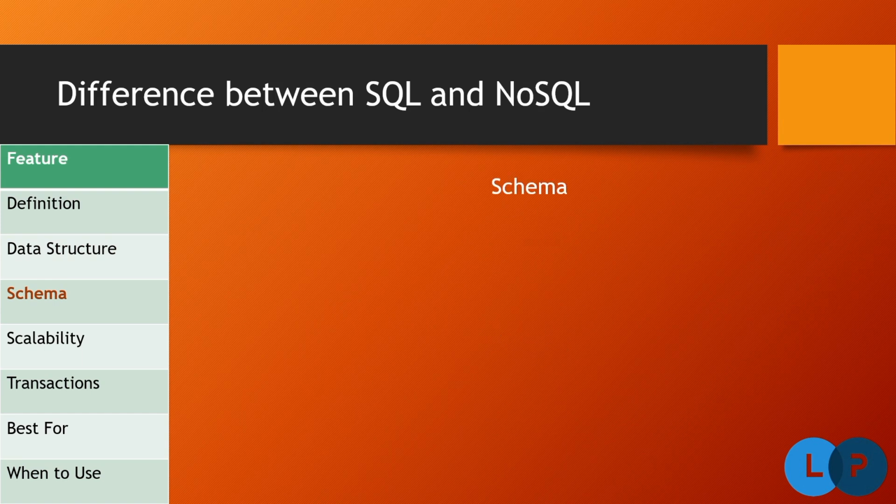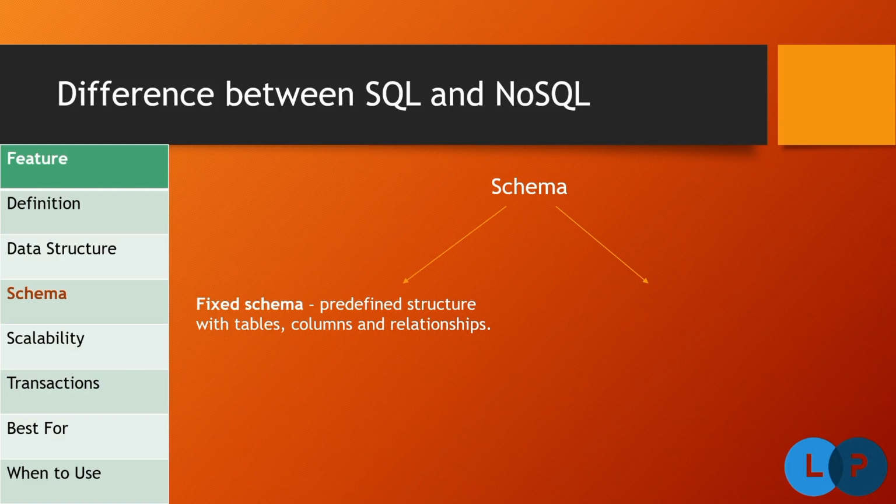And then the schema difference. SQL has a fixed schema. So when we get a requirement, meaning I need to develop some application, based on the application we need to decide whether our application's data will be fixed or not.